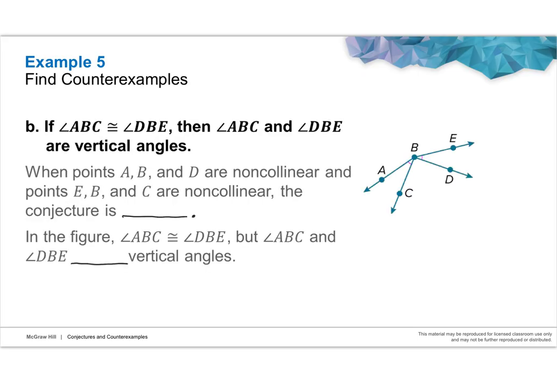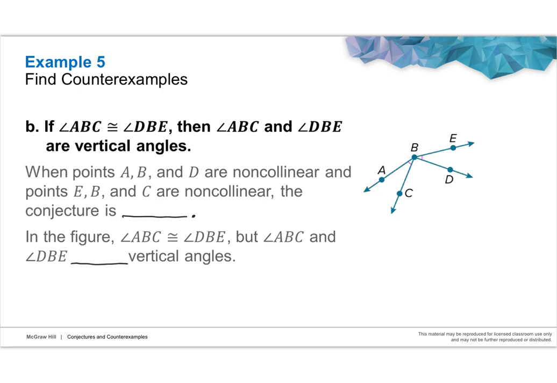And for conjecture B, assuming vertical angles is not a safe assumption to be able to make, and you can see that by drawing a diagram that contradicts this. While we do have in this diagram our arc markings on angle ABC and angle DBE, it does not necessarily mean that that has to come from two intersecting lines making those vertical angles.